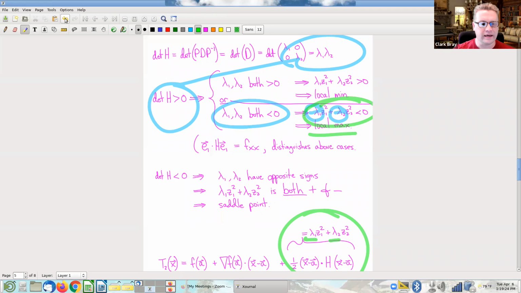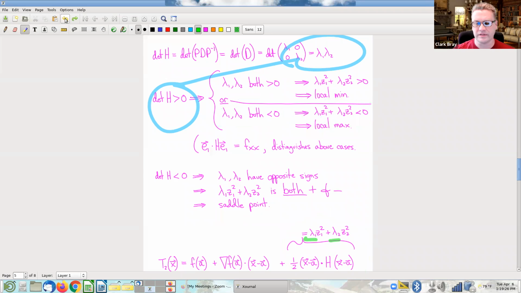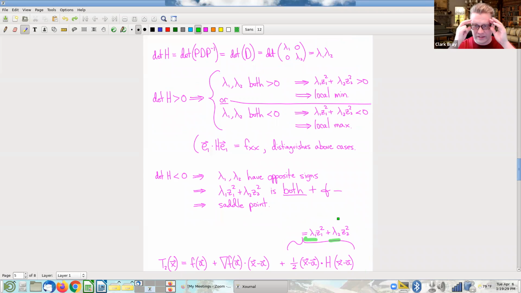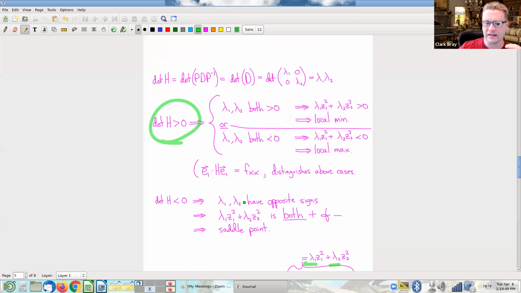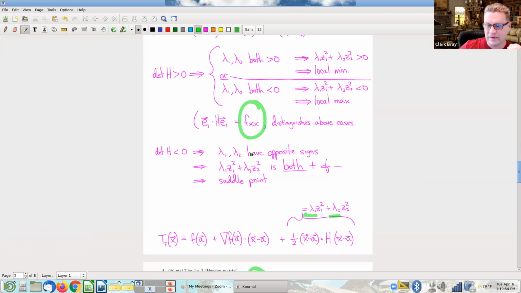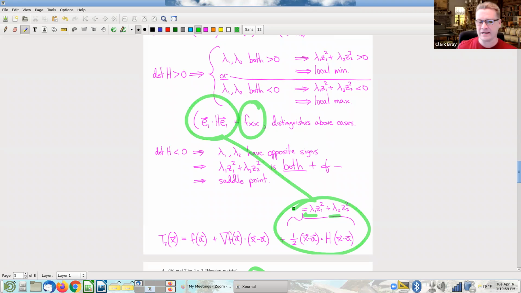Now, that's not the way the theorem is stated in the second derivative test. When the determinant is positive, we direct the user to look at the top left element of the matrix and see if it's positive or negative to distinguish these two cases. Why look at the top left element? It's a clever little observation: that element happens to be one of the values of the second order behavior.